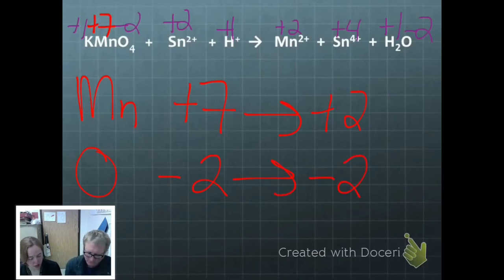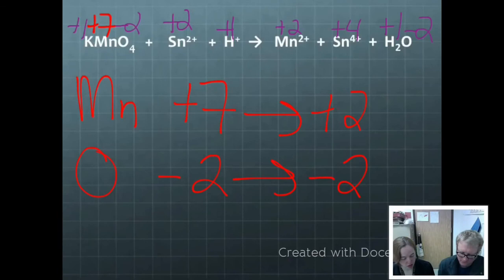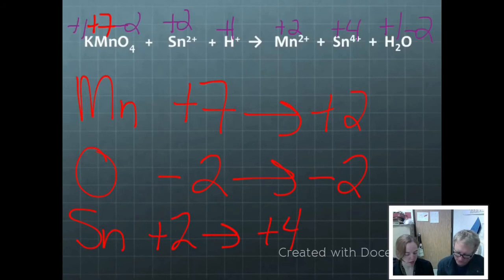So then what does that leave us? We've got Sn that started out as +2. It ended up as +4. All right, so that was something. Then we still had hydrogen, but hydrogen has done what? If I look up here, hydrogen is +1 there, and hydrogen is +1 there. So hydrogen is also boring in this reaction. What we need to look at is our manganese and our tin.